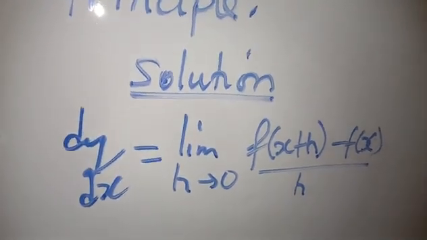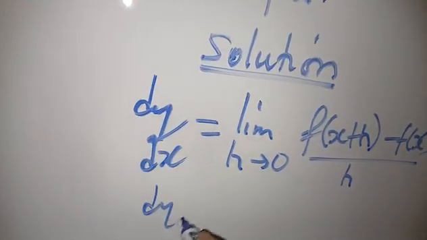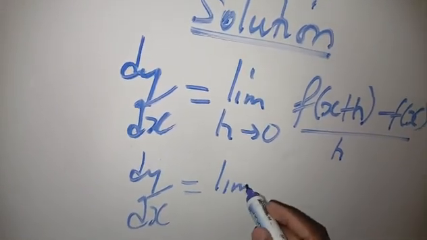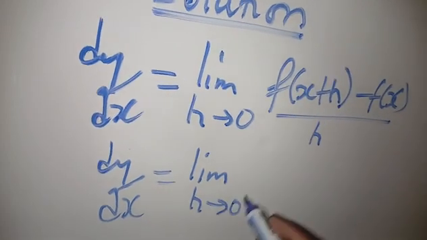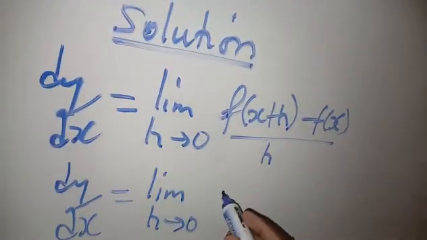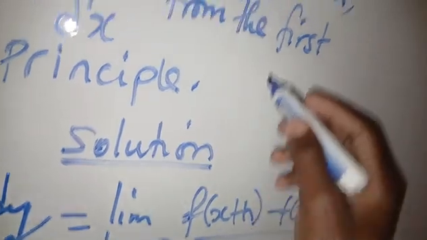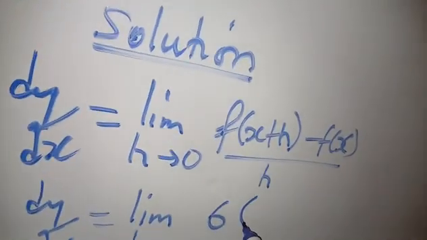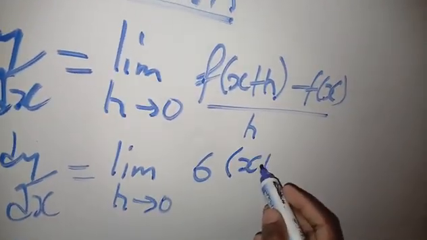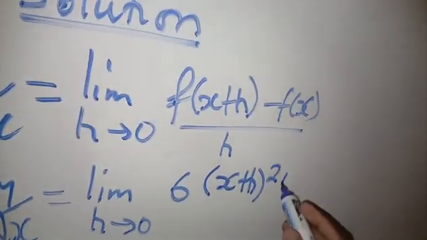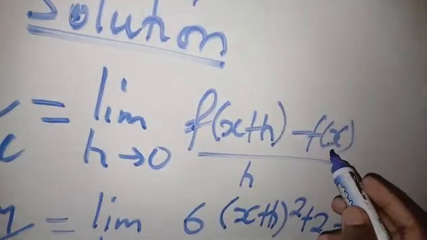Then we start substituting. We're going to say dy over dx is equal to limit as h approaches 0, f standing for the coefficient, which is 6, then the function x squared, this is where we put (x plus h) to the power of 2, plus 2, minus f of x.